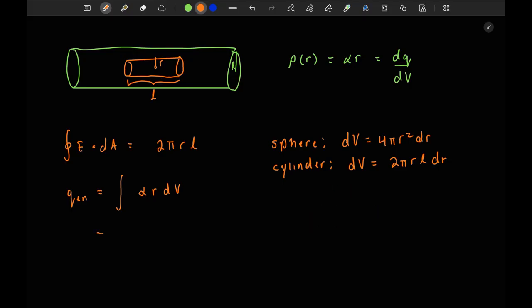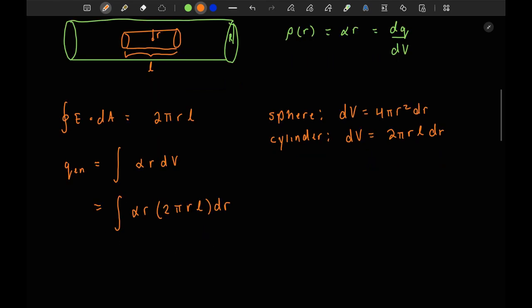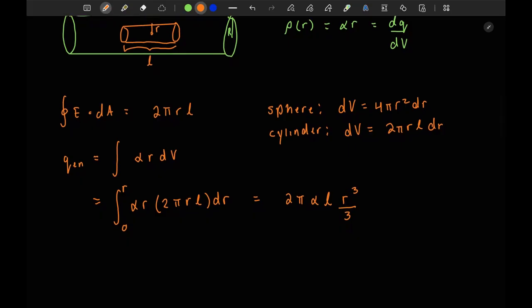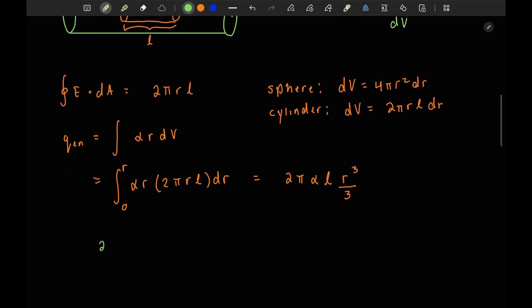And so rewriting this, we have the integral of alpha r times 2 pi r l dr, and our bounds of integration will be from 0 to r. So what does this give us? This gives us 2 pi alpha l, and we have integral r squared, which becomes r cubed over 3. So finally, we can put all of this together and say E times 2 pi r l.